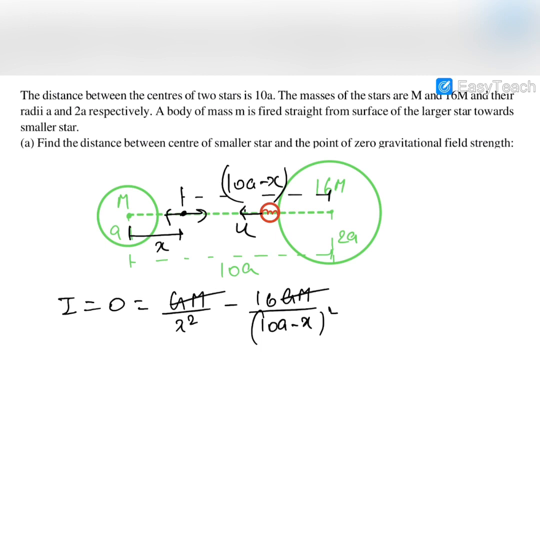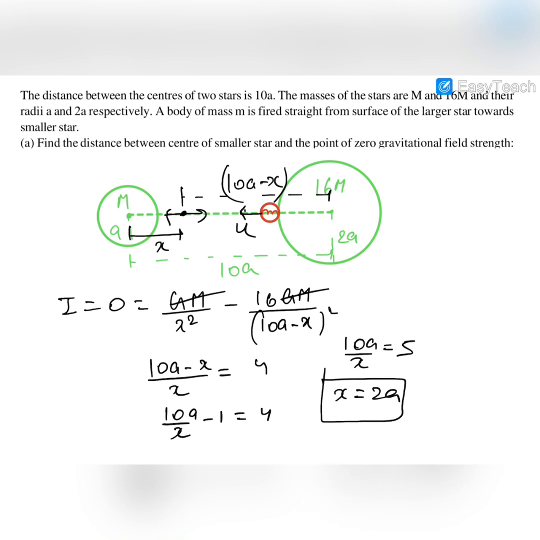So cancelling this GM with GM, (10a minus x) upon x is equal to 4, and this is 10a by x minus 1 is equal to 4, and 10a by x is equal to 5, and x is equal to 2a. So the distance of this point from the smaller star is 2a.